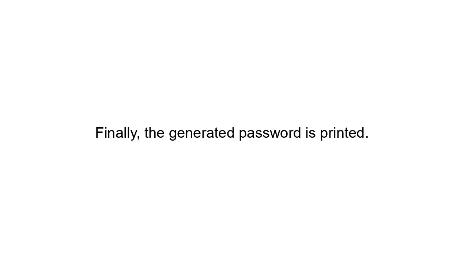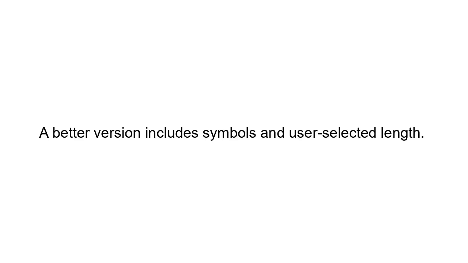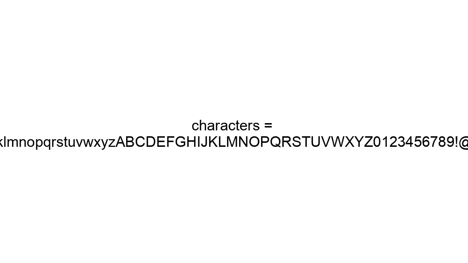Improved password generator with symbols. A better version includes symbols and user selected length. Import random. characters equals the lowercase letters, uppercase letters, digits 0123456789, and symbols at, hash, dollar, percent, and asterisk.